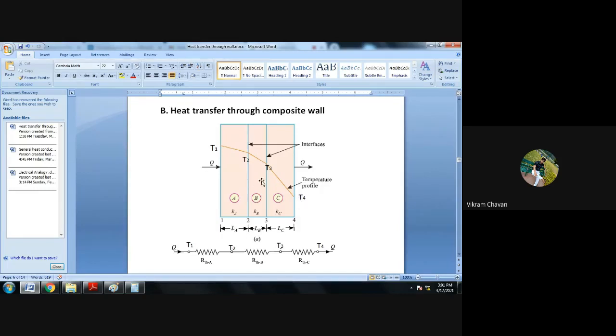The interface temperature between A and B wall is T2, and the interface temperature between B and C wall is T3.